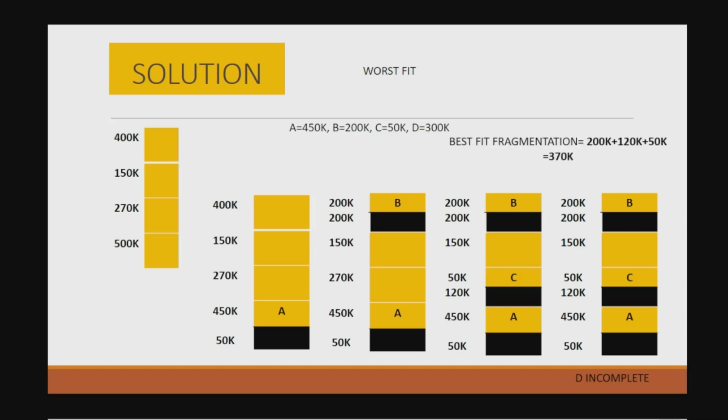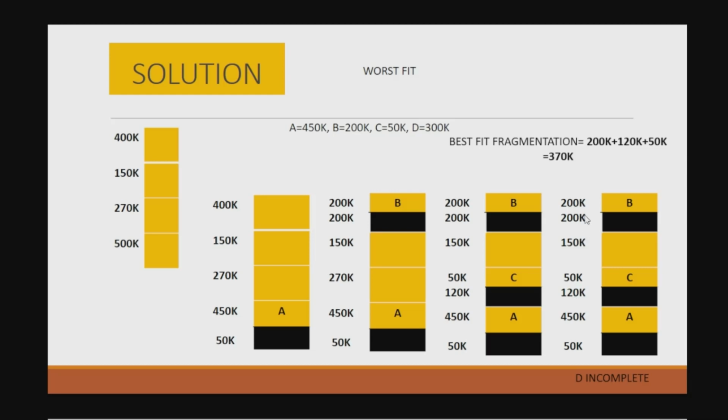Okay, the next point, we calculate the worst fit fragmentation. So 220 at this part, and then we have 50.